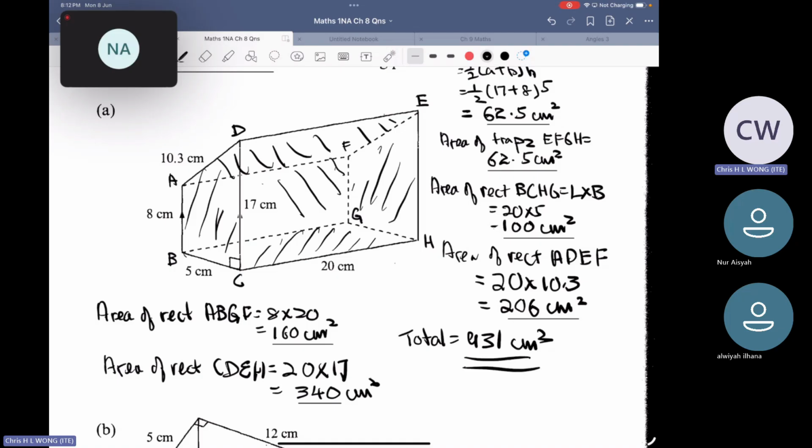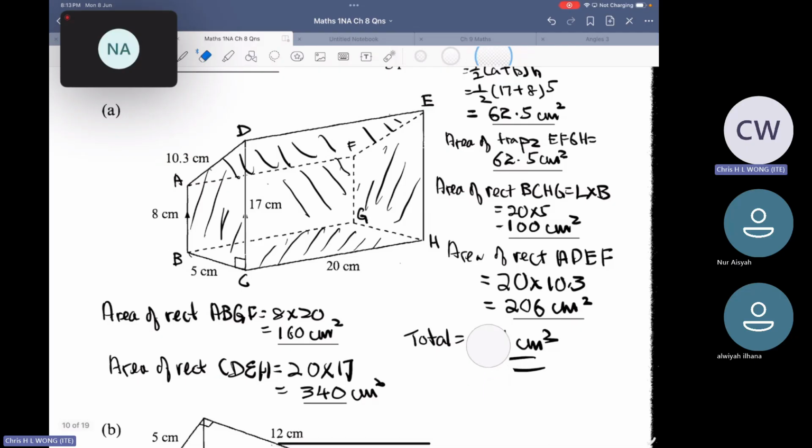Okay, you add it up yourself. 931 cm square. Okay. How is it? How much?